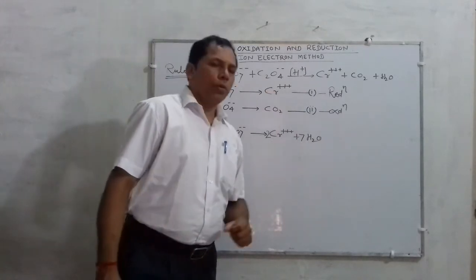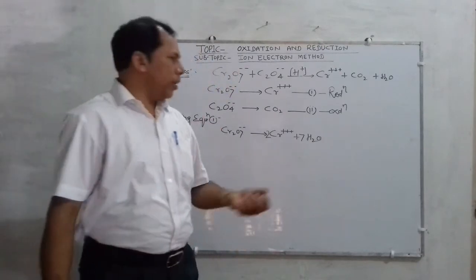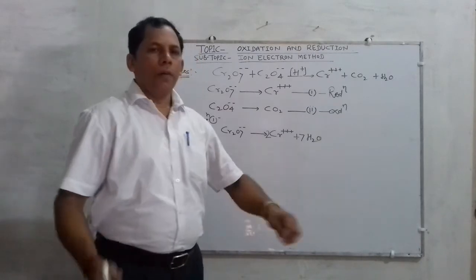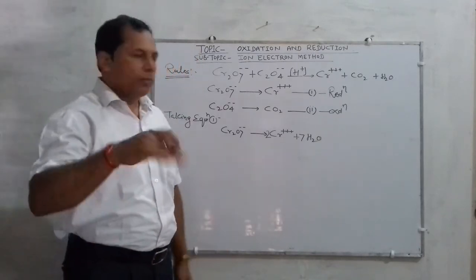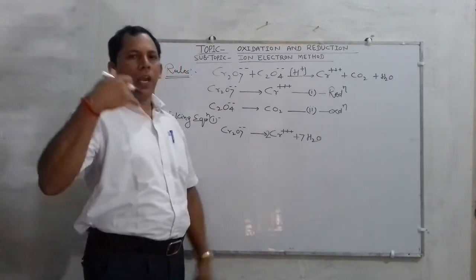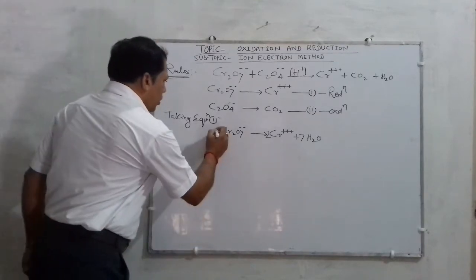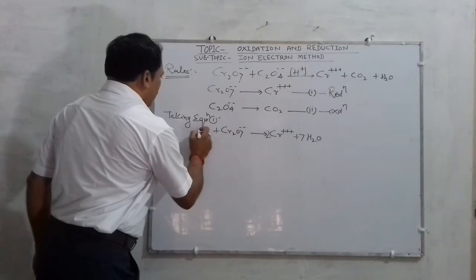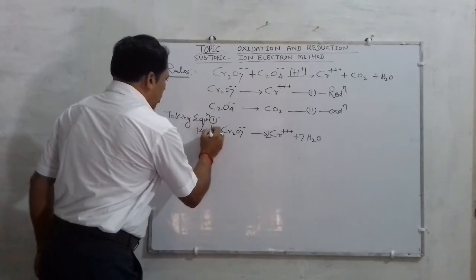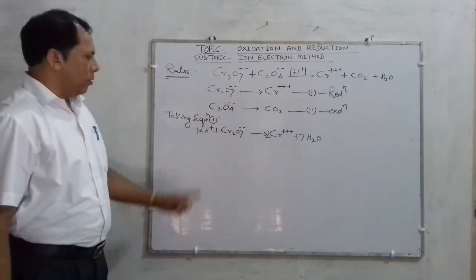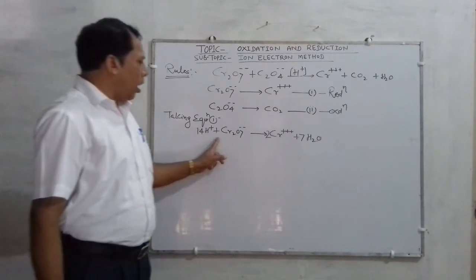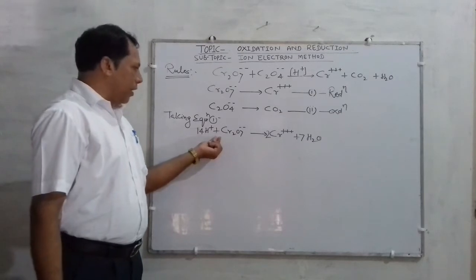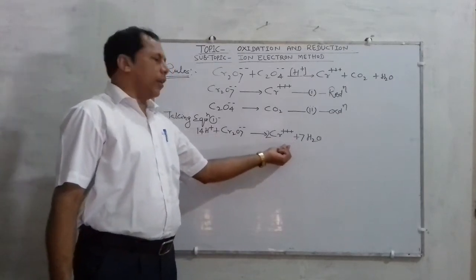So according to the rule, for balancing of hydrogen atoms, the same number of H plus ions is added on the reverse side. There are 14 hydrogen, so add 14 H plus here. Okay, now you can observe that the atoms present on the reactant side and the product side are both equal.